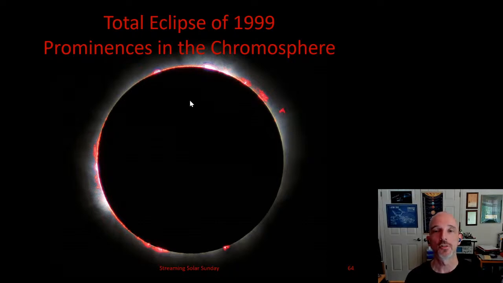But during a total solar eclipse, you can see them without those special filters. You still need to have your eyes safely protected, of course, but when the disk of the sun is blocked, all that bright light that usually just blinds us from everything else is hidden, and then these details around the edge just pop into view. And so these prominences here were visible without special hydrogen alpha filters during a total eclipse. So it's just really nice.